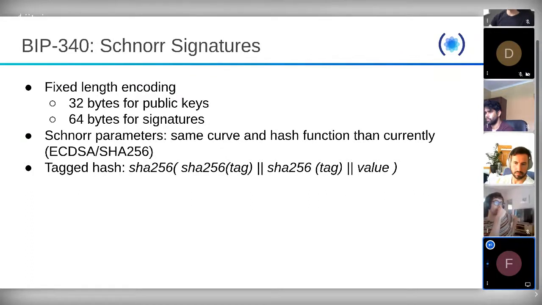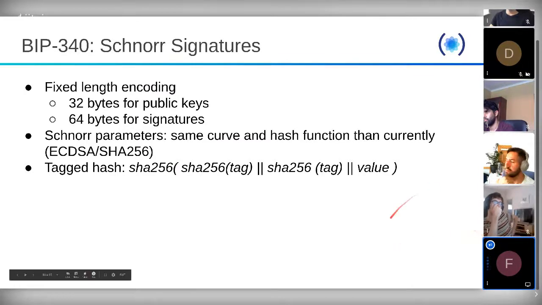What we also introduced with BIP 340 is a tagged hash. As part of MAST, as part of signatures, in various different contexts, we use SHA-256 in Bitcoin. To ensure that the hash of a value is not reused in a different context, the tagged hash is introduced.